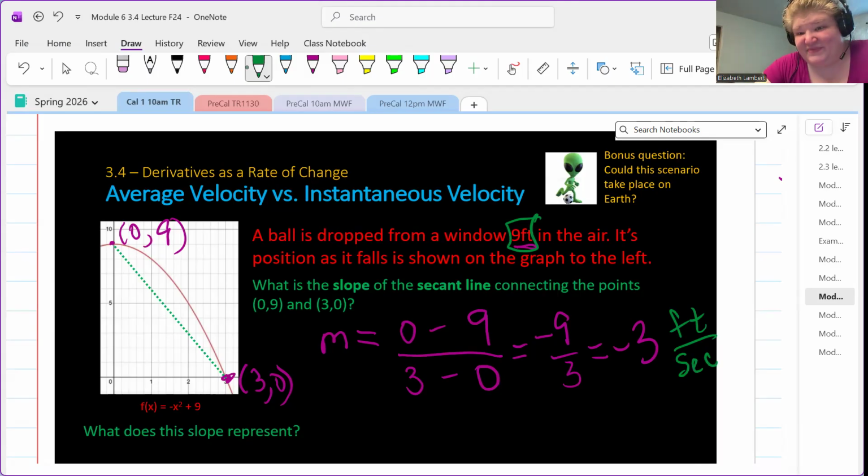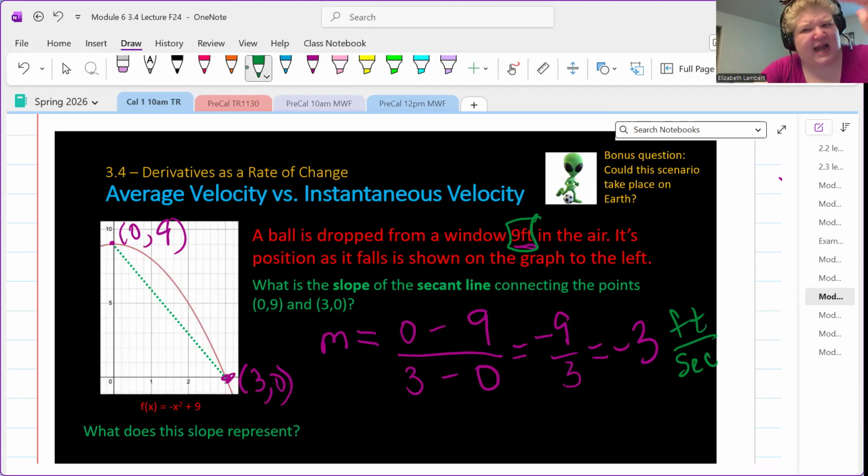But -3 feet per second, that is the average velocity. So that is, on average, how far the ball was moving per second for it to land on the ground after 3 seconds.